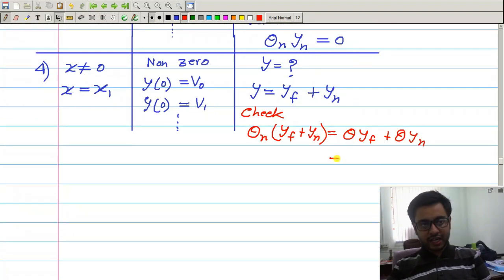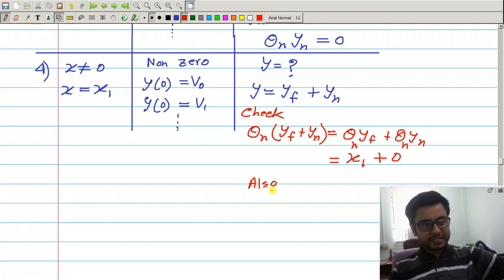So the first term here will be x1 and O of yn will be 0. So this satisfies the given differential equation.